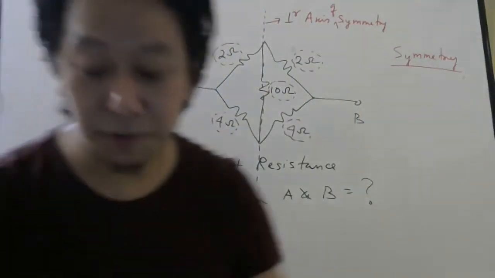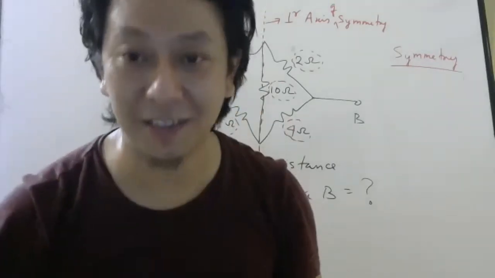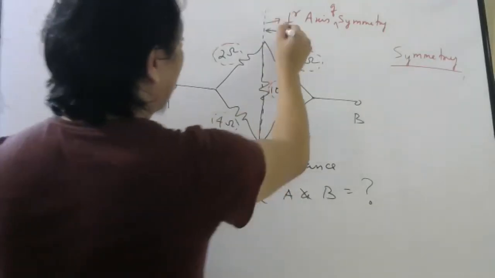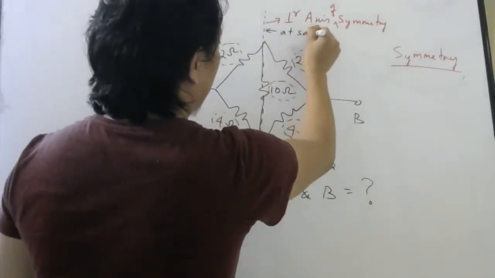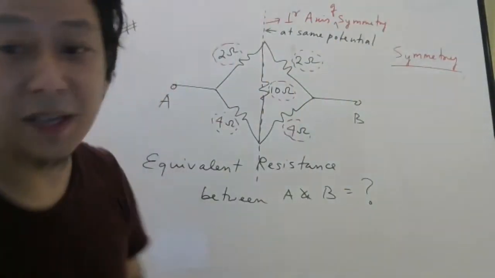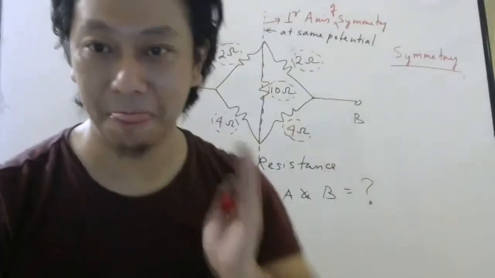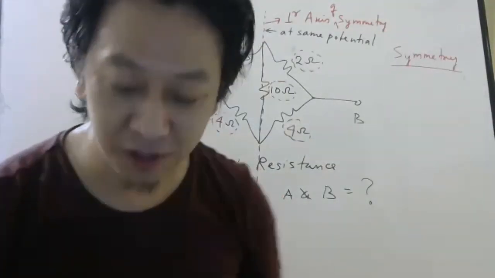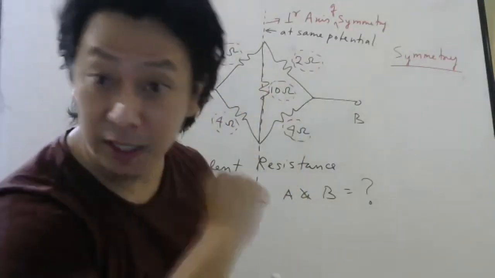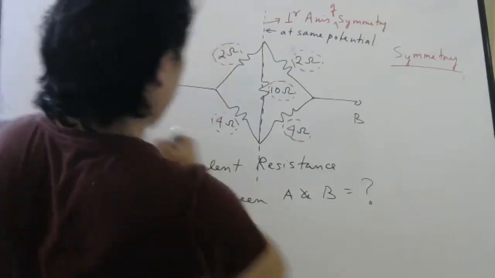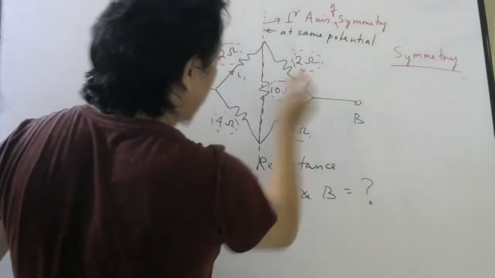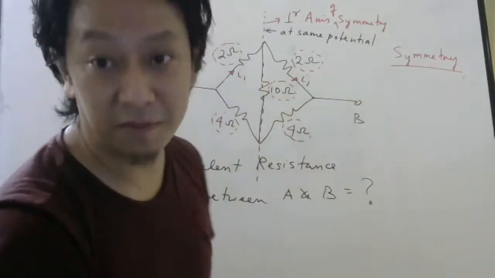The beauty of perpendicular axis symmetry is that all the points in this line will be at the same potential. Matlab, it will be like an equipotential line. Now you may think, how, sir? How do you know? Look here. If the circuit is symmetrical this way and that way, then everything should be symmetrical by nature. So if I say current here is I1, here also it should be I1, like a mirror image.